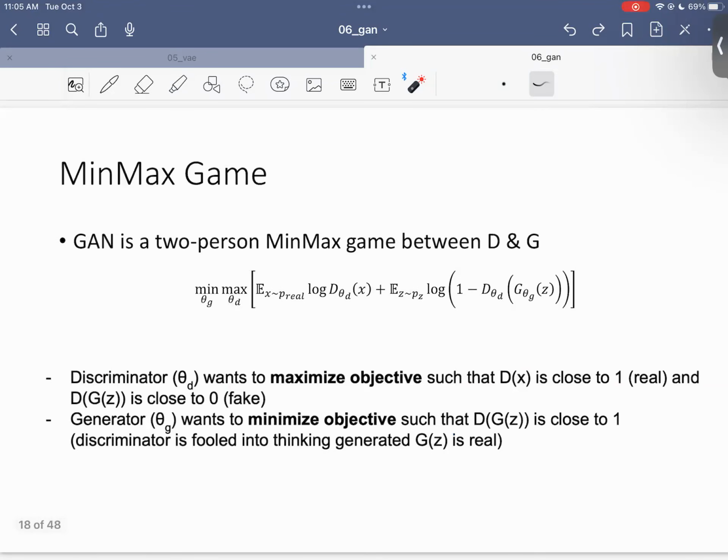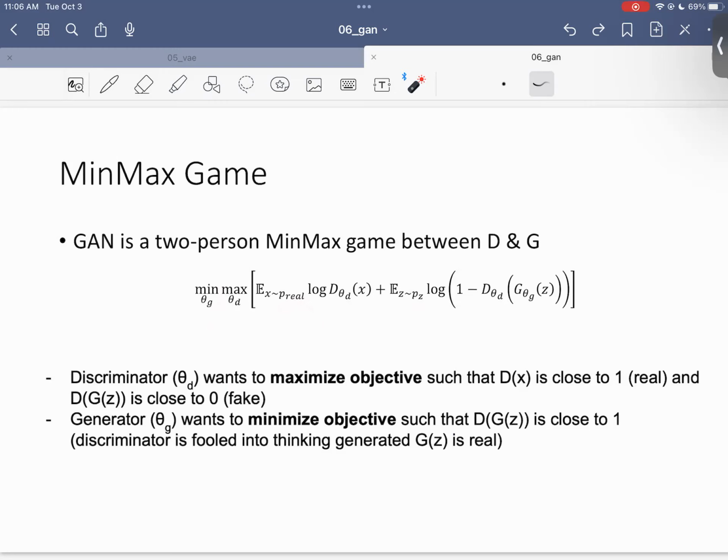So that's why we call it GAN. If you've heard about the min-max game when you're reading a GAN paper or a GAN blog, GAN is a two-person min-max game because one guy wants to maximize this objective function, and another guy wants to minimize it. So it's a competition between the two, right?